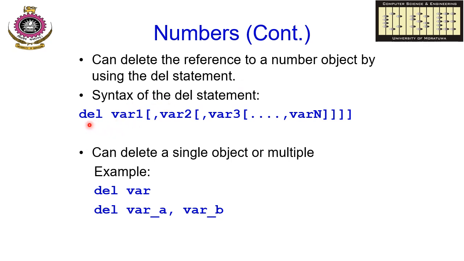We can have either one variable or more variables after the del keyword. That means we can delete a single object or multiple objects at one time. For example, del var will delete the reference var, and you can have multiple such deletions in a single line as well.